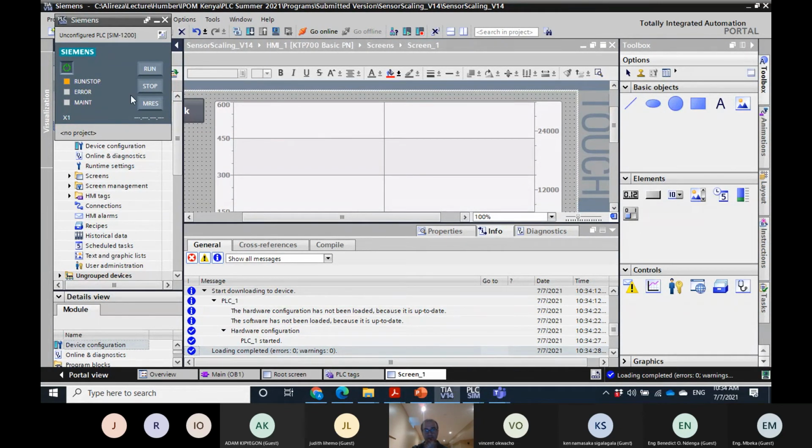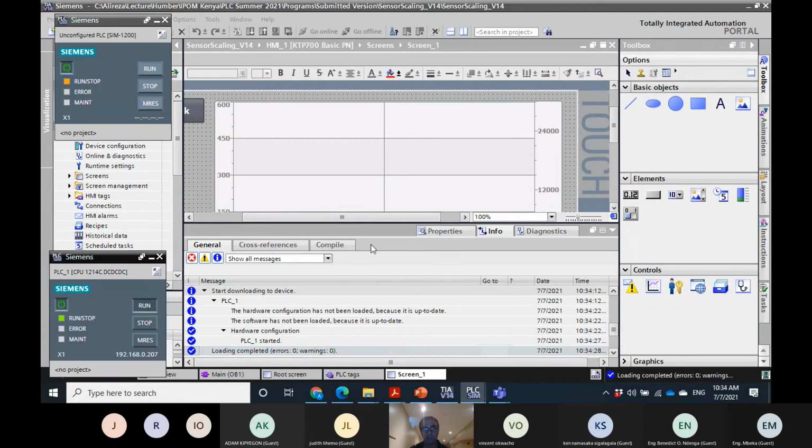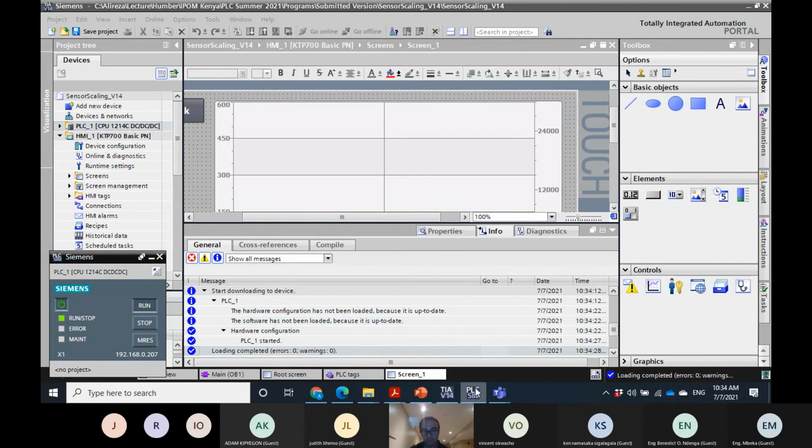It doesn't start. Was there any error? No. So, I think I had another PLC simulator. Okay, let me just close this one. I noticed that I had another one. Oh yeah, I had this one also. This is the one that starts. Yeah, this one.